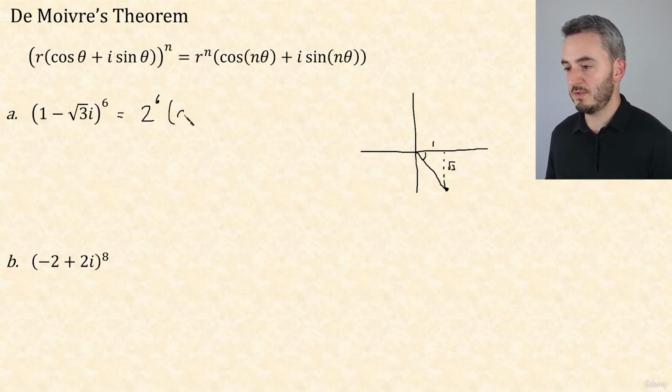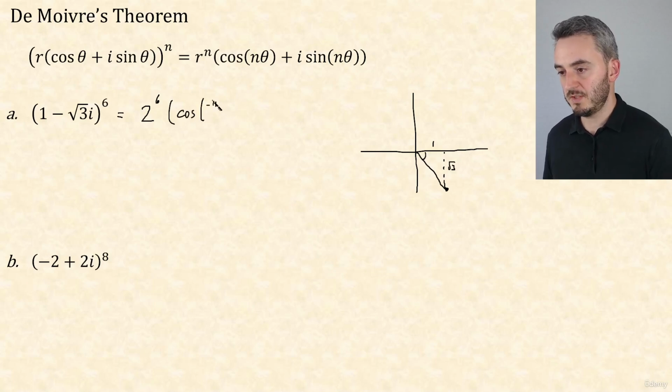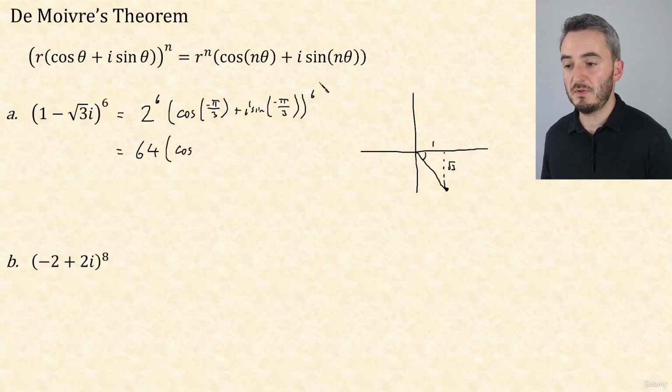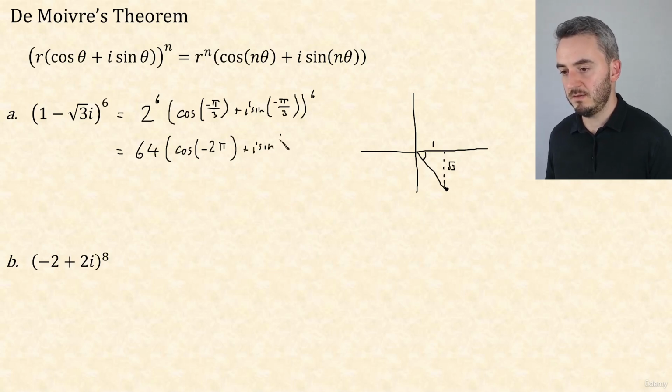So what we've got is cos minus pi over 3 plus i sine minus pi over 3, and all of that raised to the power of 6. So we can multiply the argument by 6. 2 to the power of 6 is 64. And then it's cos of, well, minus pi over 3 times 6 is minus 2 pi, plus i sine minus 2 pi.